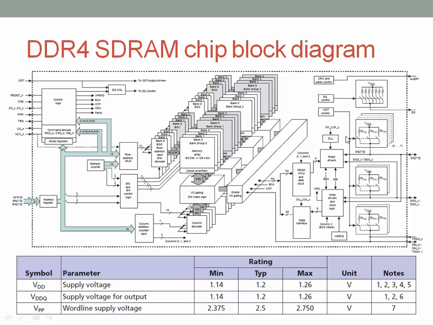And here we can see the clock. It's very small. Here is the input clock, and it goes through the DLL as we saw before, and this helps in aligning the DQS with the DQ. This SDRAM chip needs 3 supply voltages.